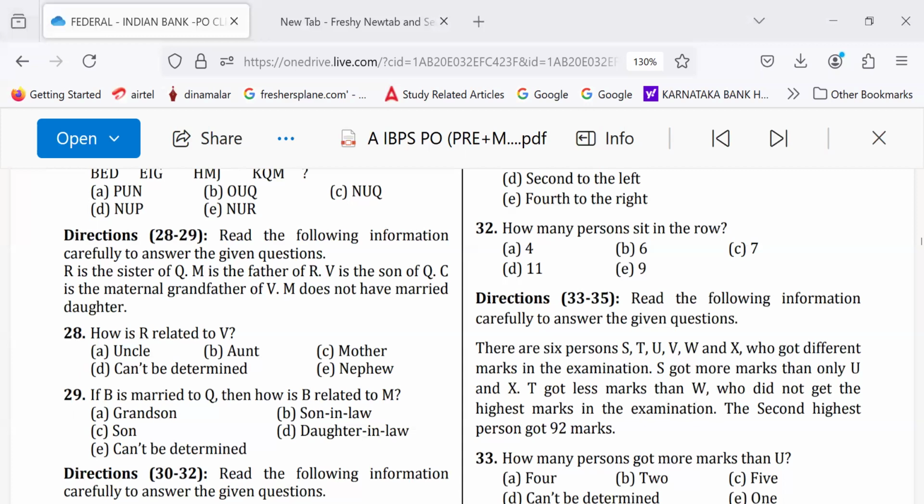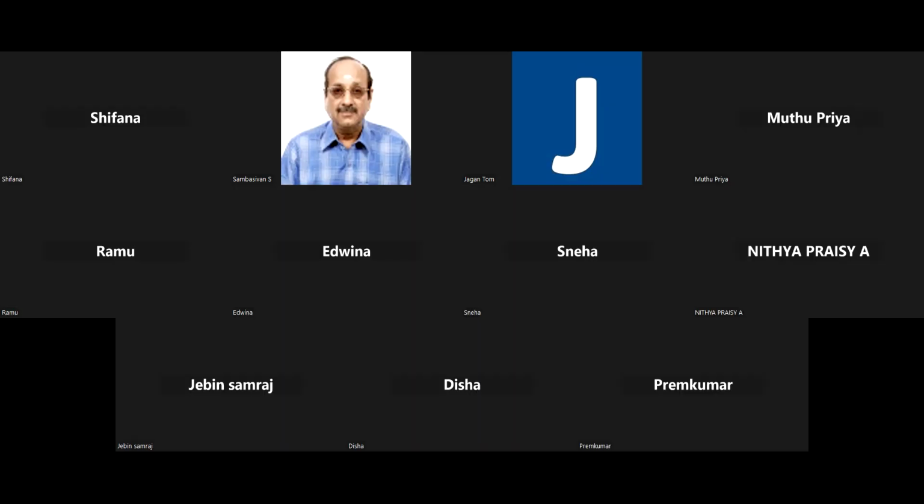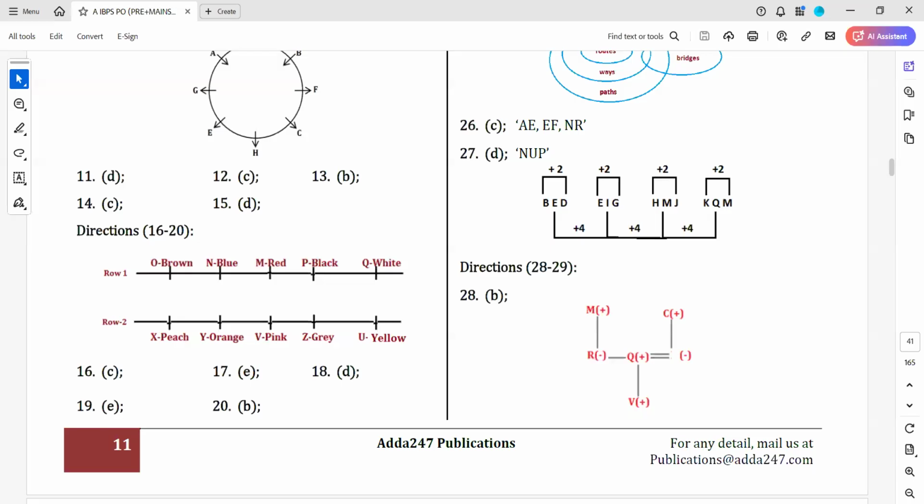I will show you the diagram. Are you able to see the diagram now? All of you, please look at this.